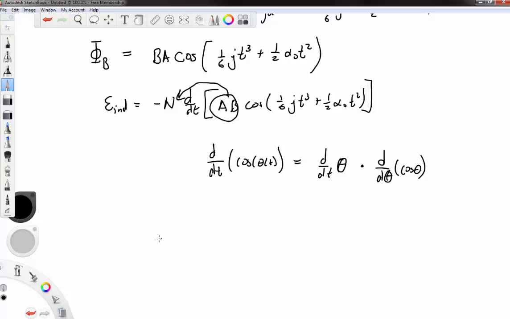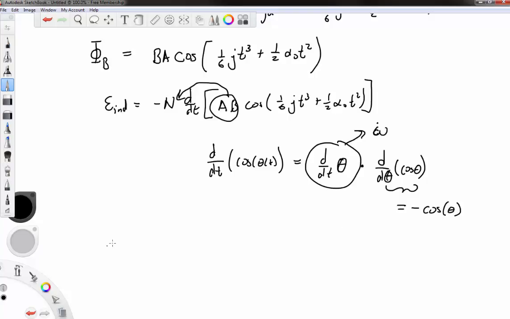So what all this looks like, the first factor should give us just simply omega again. The second factor should give us negative sine of theta.